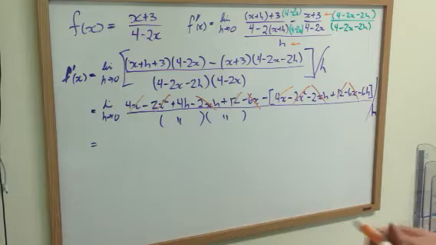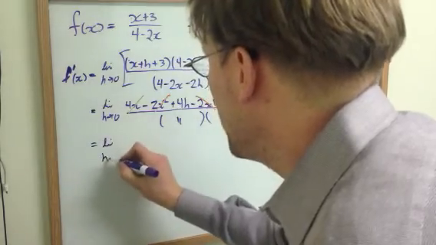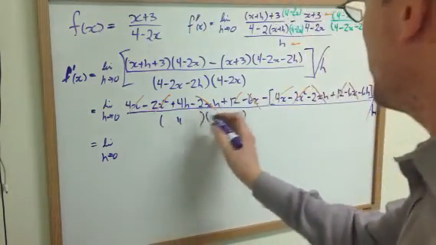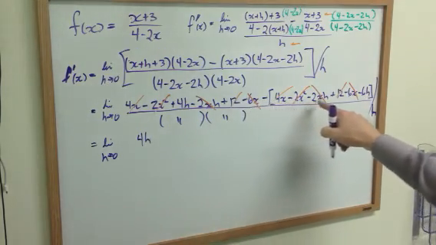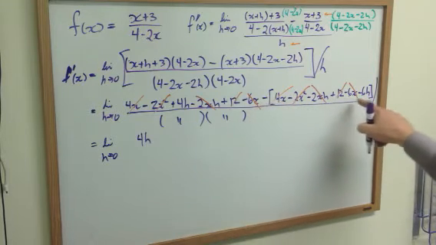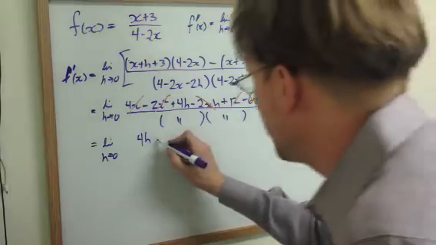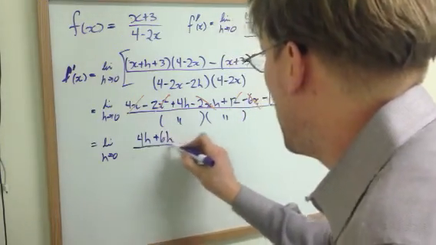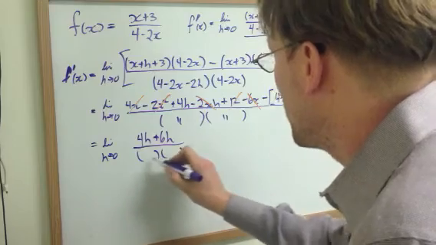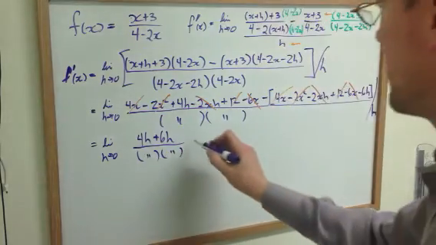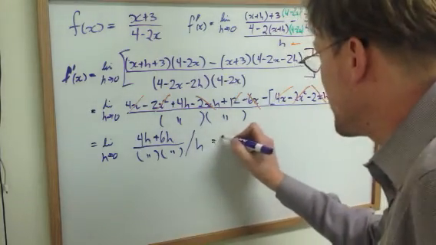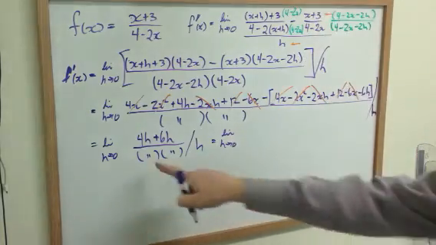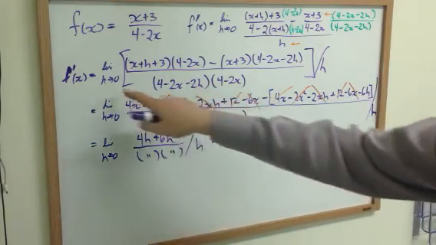Now, okay, I'm just going to rewrite it. Again, limit as h goes to 0. Our numerator is 4h. Move along. I don't see anything left except I see a negative 6h. I think that's plus 6h, all over my denominator, which I'm not even paying attention to, because I don't think it explodes in any way when h goes to 0.